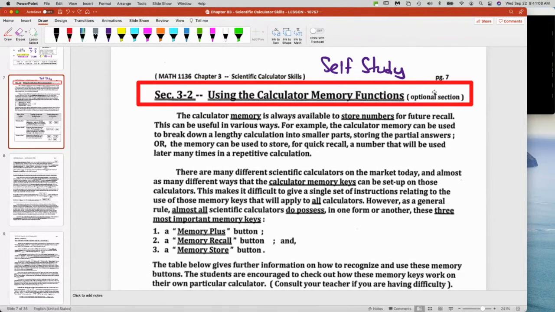So that's why it says here optional section. I say self-study because anytime I say self-study, it means the section may not apply to everybody the same way or at all. And it's something that's not going to interfere with your being able to solve problems. So whether or not you know the memory function on the calculator, who cares? It's not going to change anything.